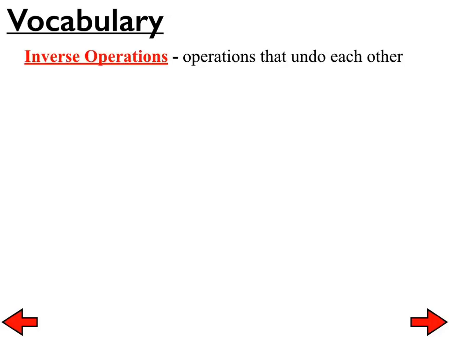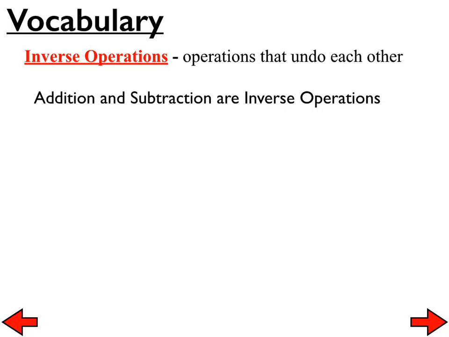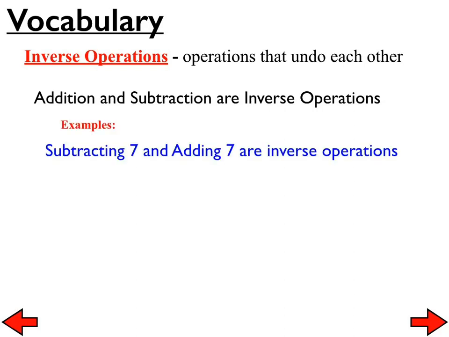All right, vocabulary, inverse operations, and I'm sure that you've heard this before, even though you may not remember it from last year. These are operations that undo each other. Addition and subtraction are inverse operations. In other words, and I think that this is probably where you're supposed to write something in your notes, subtracting 7 and adding 7 are inverse operations.